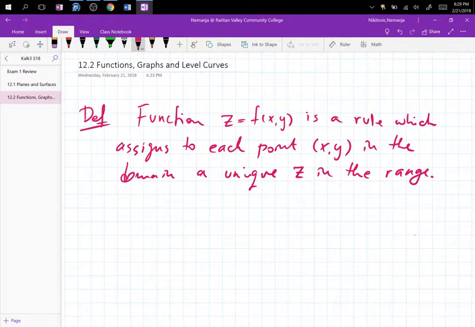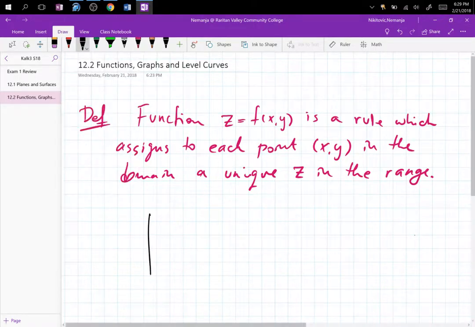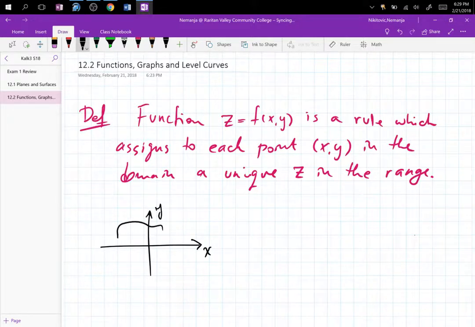The mapping over here goes from the x y plane. You have some domain over here to a simple z-axis location.